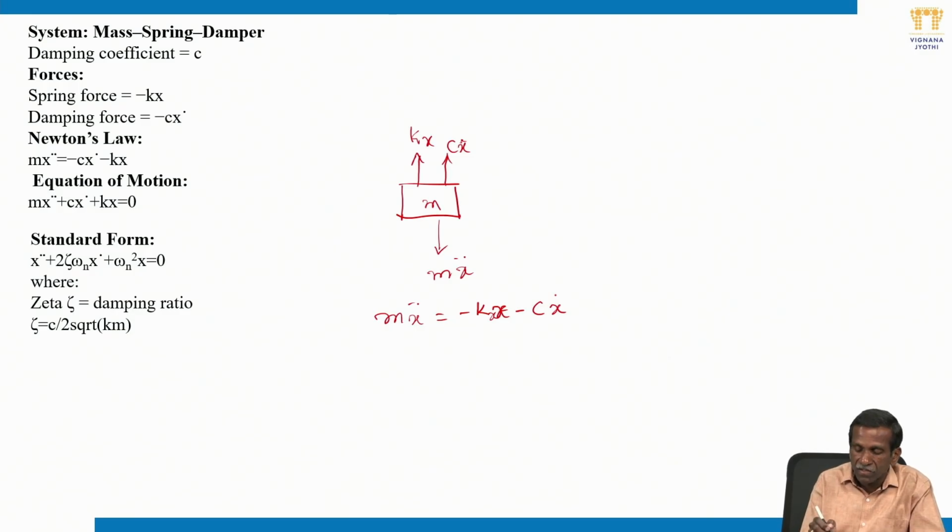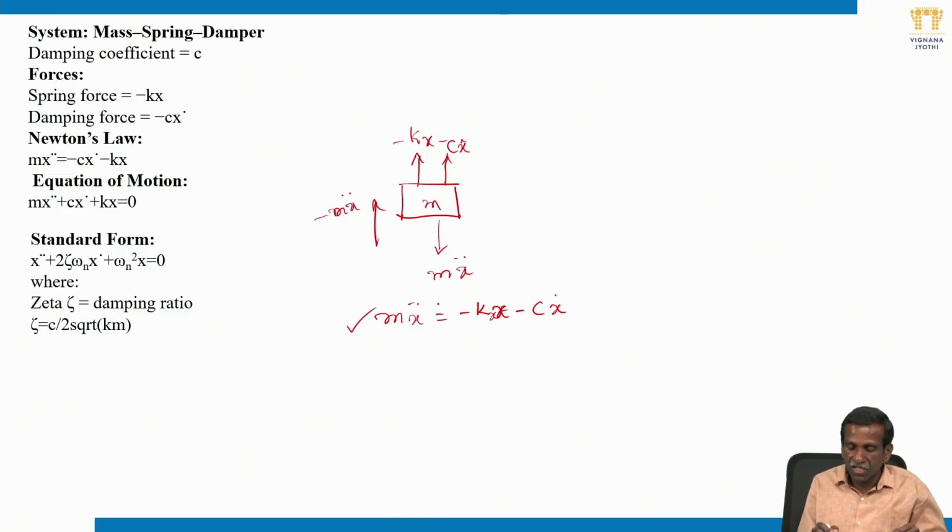Otherwise you can say the inertia forces act opposite to the motion you have given, so the inertia force is minus mx double dot, which is in the opposite direction. These all use a minus sign, and then the sum is equal to 0. Or you can write this equal to this with opposite sign.